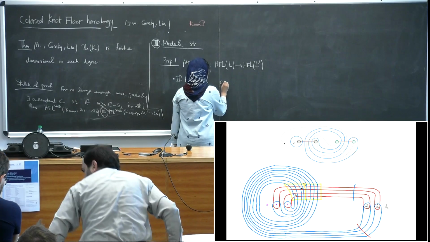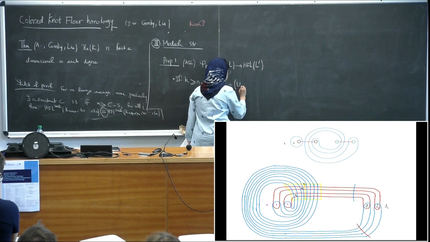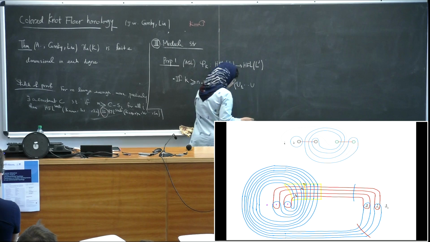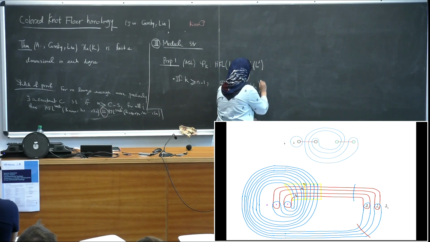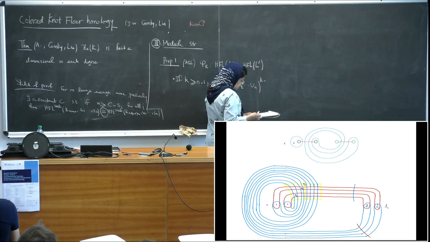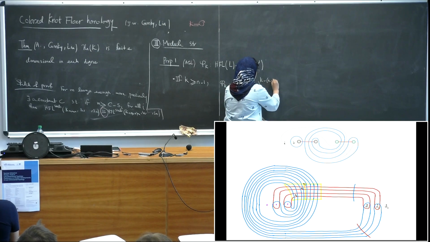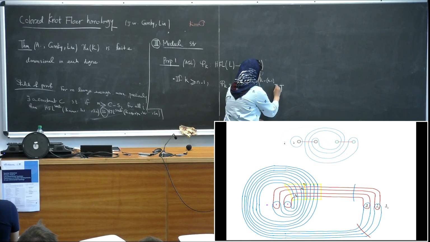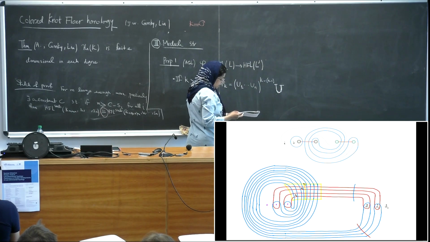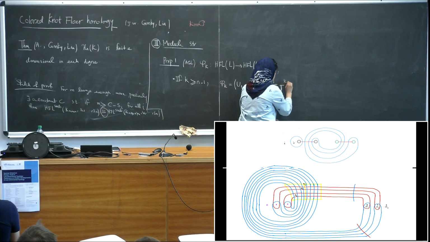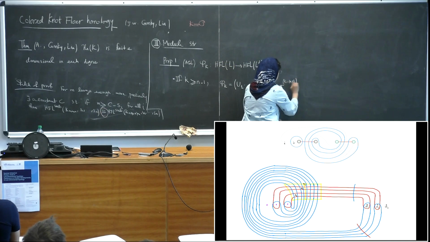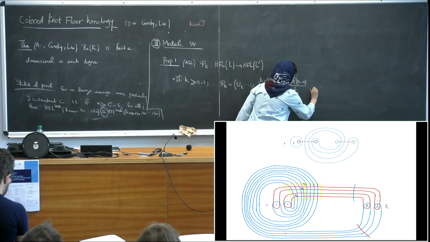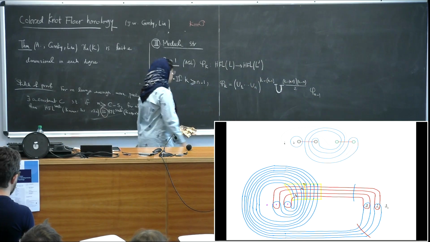So phi k is equal to some monomial, u1 through un to the k minus n minus 1, times bold u, which is just the product of the uivi's to the power k minus n over 2, times phi n minus 1.